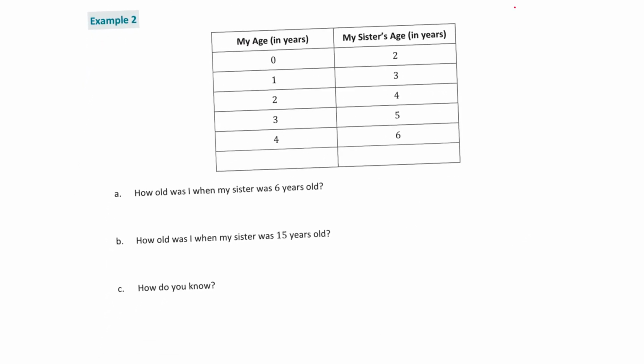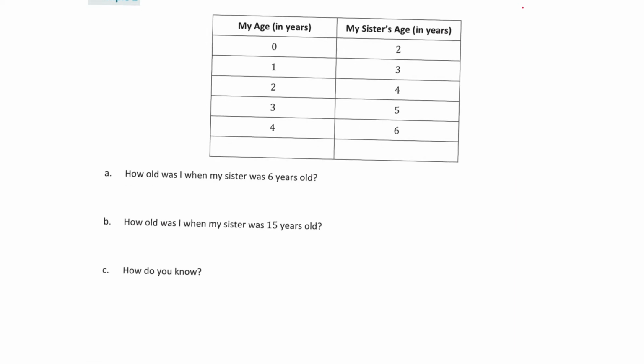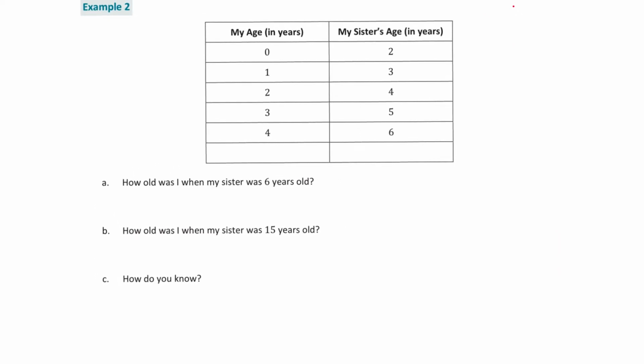Okay, example number 2. Again, we're still using the same table. Now, keep in mind, they're using every single step because they want to teach you how to think, right? So let's see what the first question says. How old was I when my sister was 6 years old? So now they give you the sister's age, and they want to know how old I was. Now it's like thinking backwards, right?